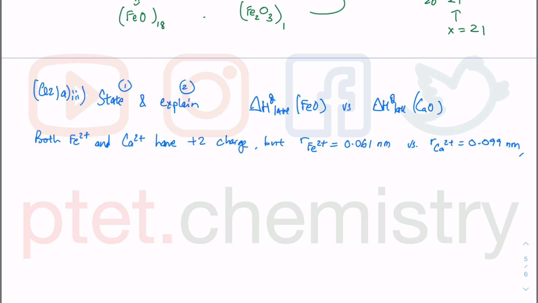Factors affecting lattice energy: charges, sizes, there's ionic radius, there's ionic charge, then we think about charge density. So what can we say?